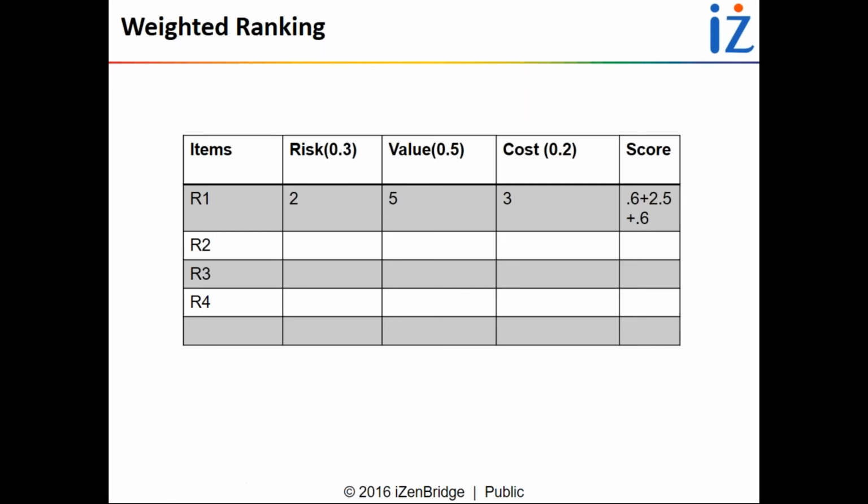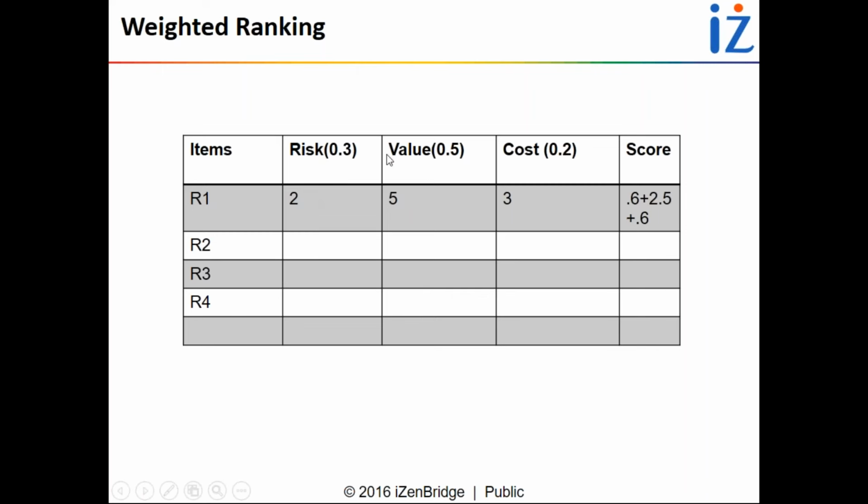So after consensus, you get that risk has 0.3 weight, value has 0.5 weight, and cost has 0.2 weight. And you have gathered stakeholders to vote on the requirements, and you see here that for requirement 1 and criteria risk, you got 2 votes.